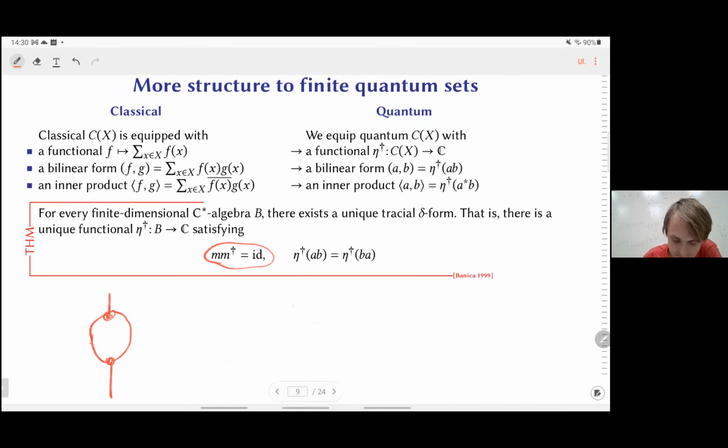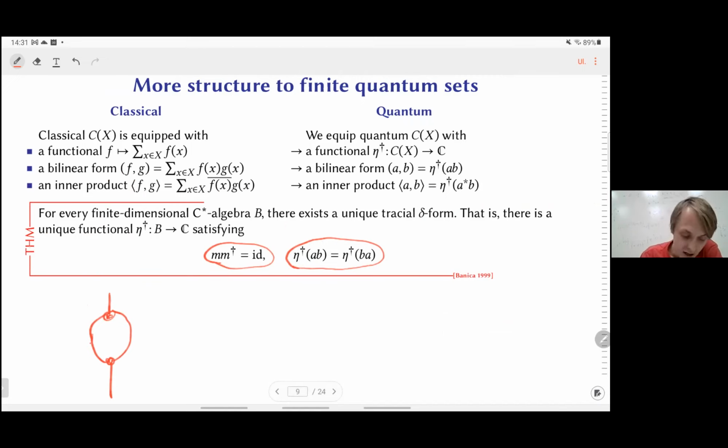What we also want, and for my talk I will also require, is for this functional to be tracial. So if I take the functional applied to a product, then I can switch those two factors.